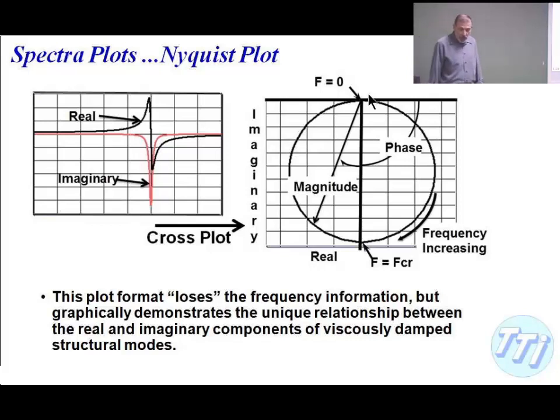So this is called a Nyquist plot or an Argand plot. It's used in modal analysis because, one of the reasons is that if the structure is nonlinear, this won't be a circle. If it's hardening, then the circle will be squashed, smaller, an ellipse.